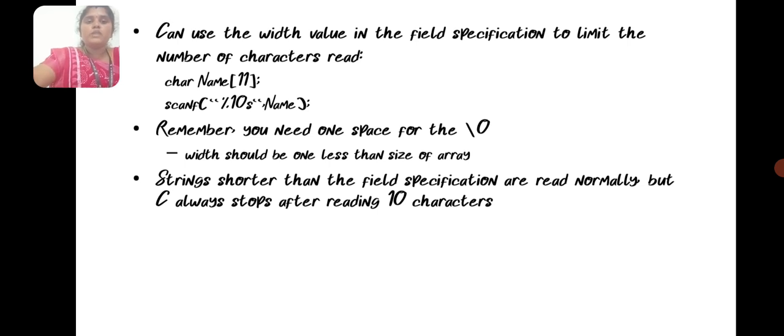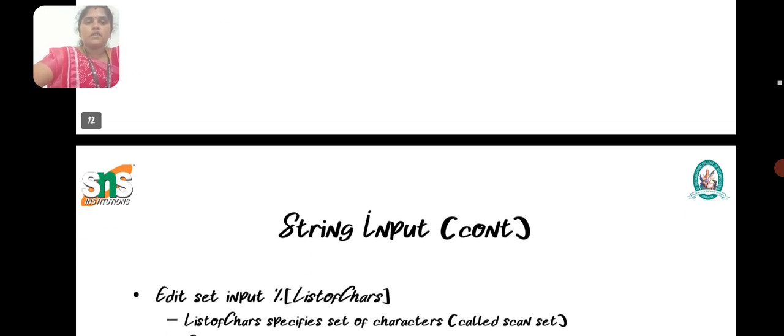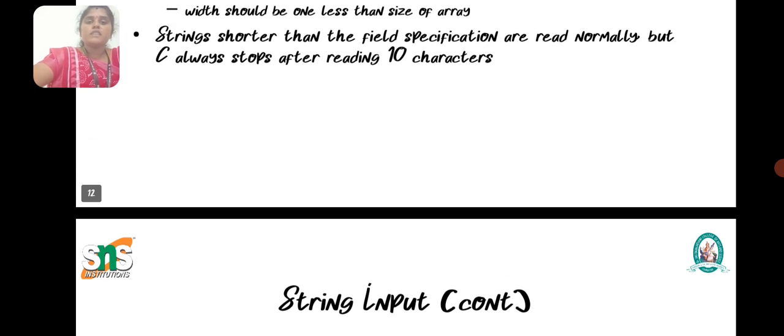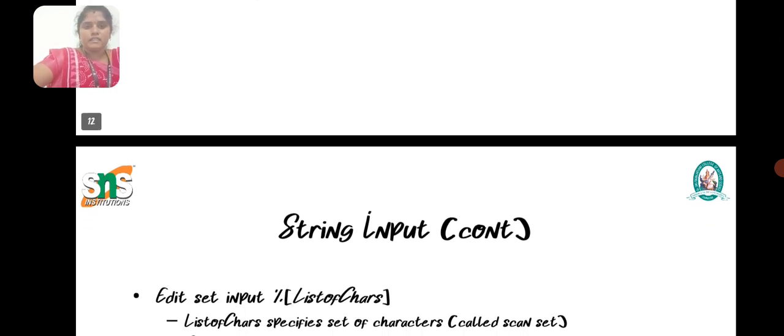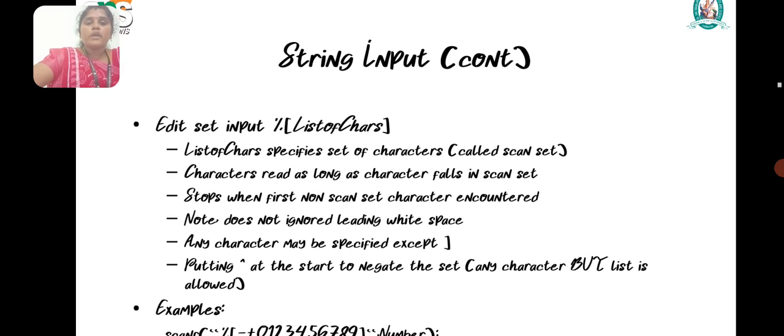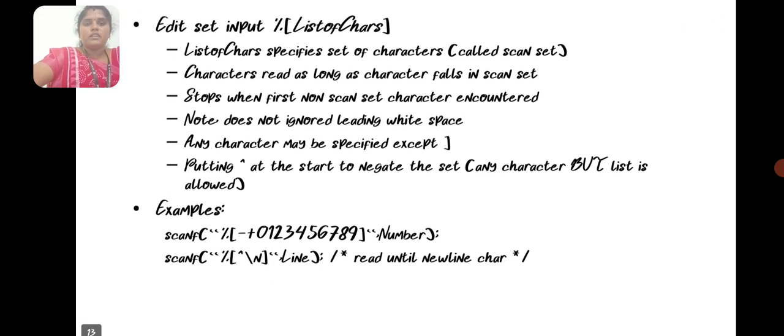Remember that you need one space for the \0. At the end of the string \0 is added, so the field width should be 1 less than the size of the array. Strings shorter than the field specification are read normally, but C always stops after reading 10 characters.